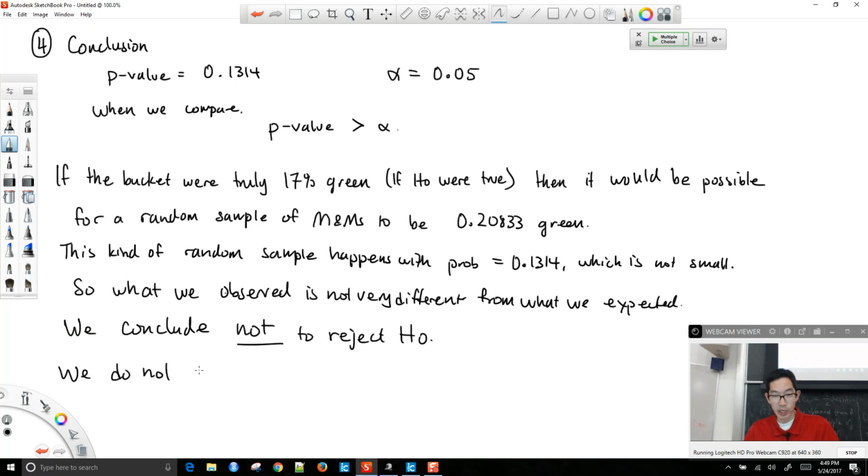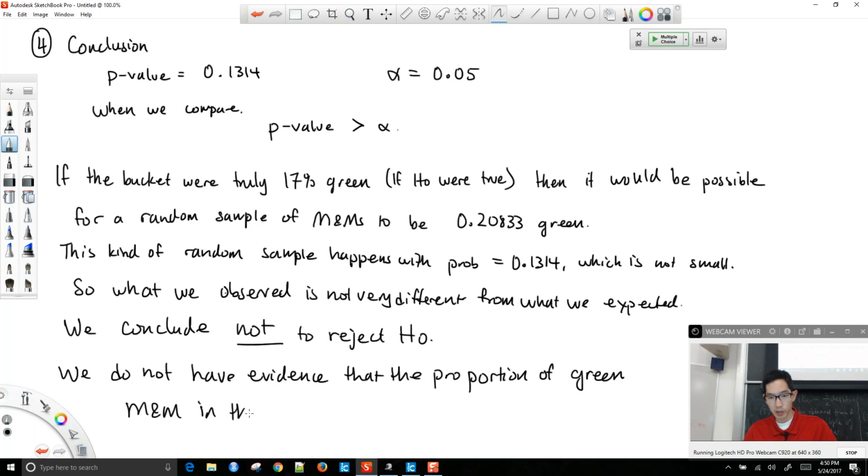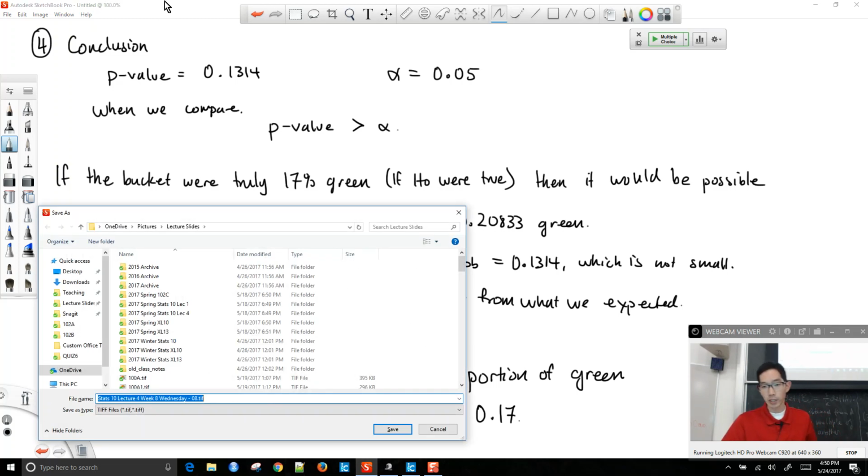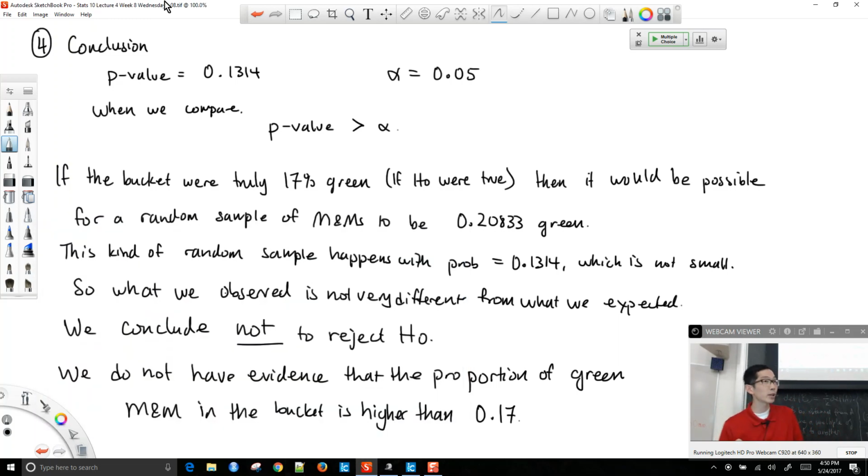We would say we do not have evidence that the proportion of green M&Ms in the bucket is higher than 17%. Okay, we'll end there for today, and we'll see you guys on Friday.